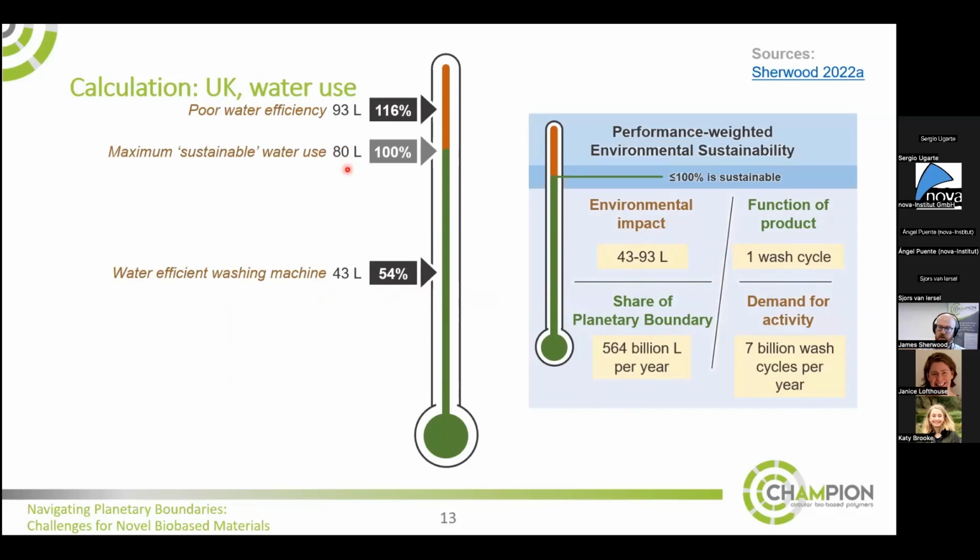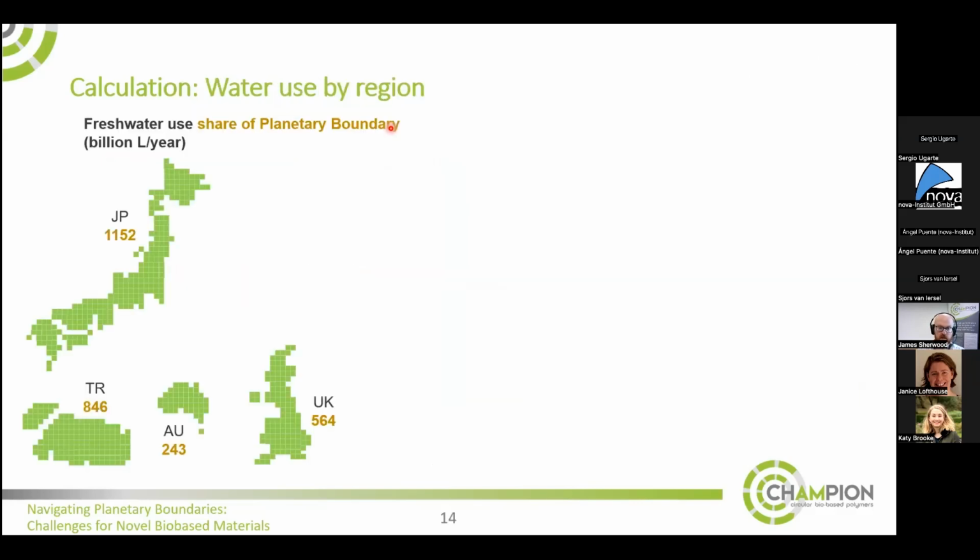This is all based on our share of the planetary boundary for UK laundry, then further downscaled by the right-hand side of the equation to a single washing machine, and that gives us 80 litres. Our inefficient washing machine has a value here of 116%, so that's unsustainable. So we have a target, and we can see that generally a washing machine at home is probably going to use a sustainable amount of water according to this method. There are other ways of making this calculation, of course.